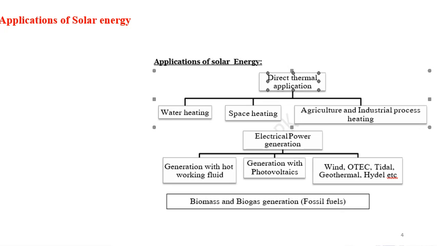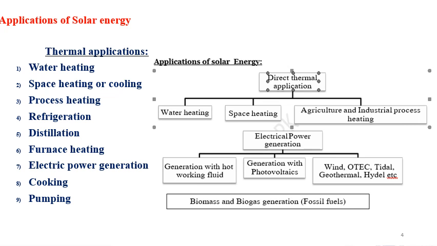One is solar thermal methods, which involve production of high temperature, required to boil water or other working fluid for operating turbines, after generating steam, which will drive the electric generators so that you can generate electricity. These are considered under solar thermal electric conversion.